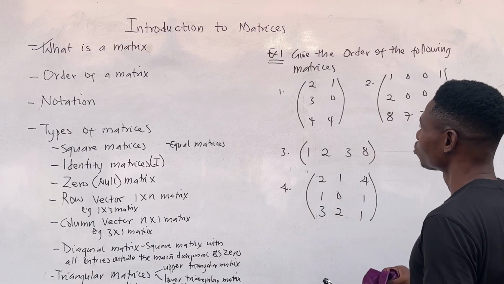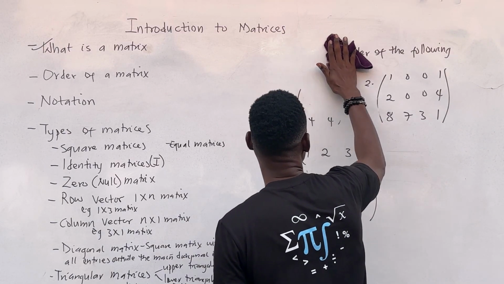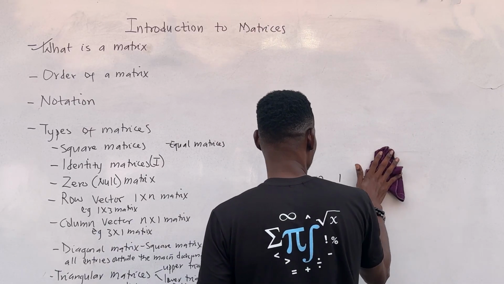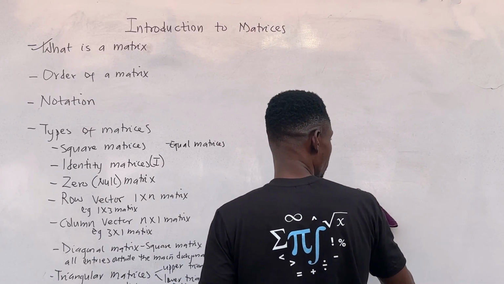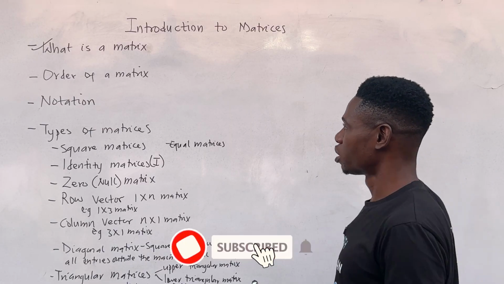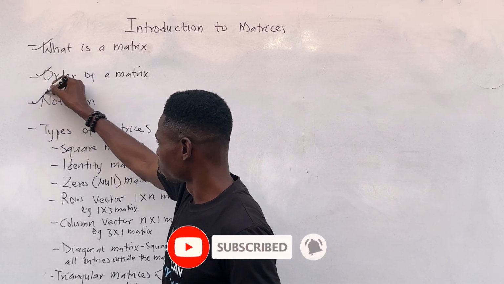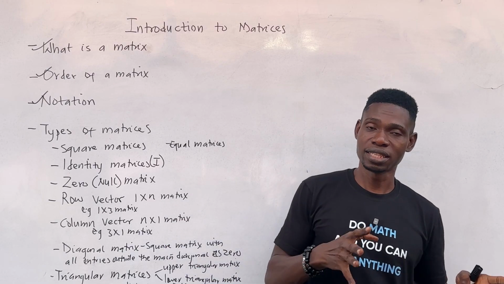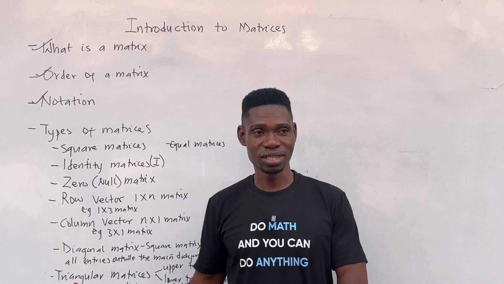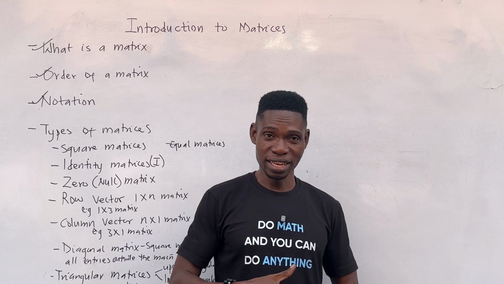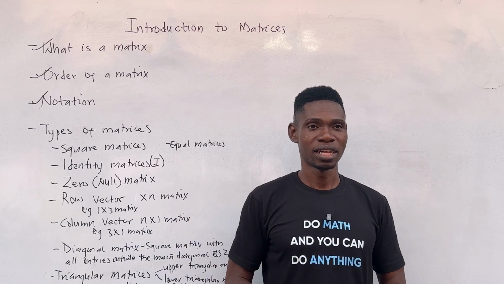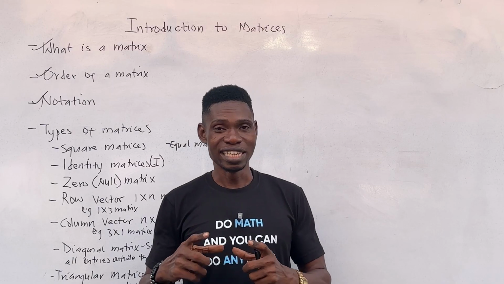Okay, so we'll move to notation. How do we present matrices? The standard way of presenting these matrices. We've seen order, now notation. We use uppercase letters to represent matrices, let's say M, N, P, S. Uppercase letters are the name of the matrix.